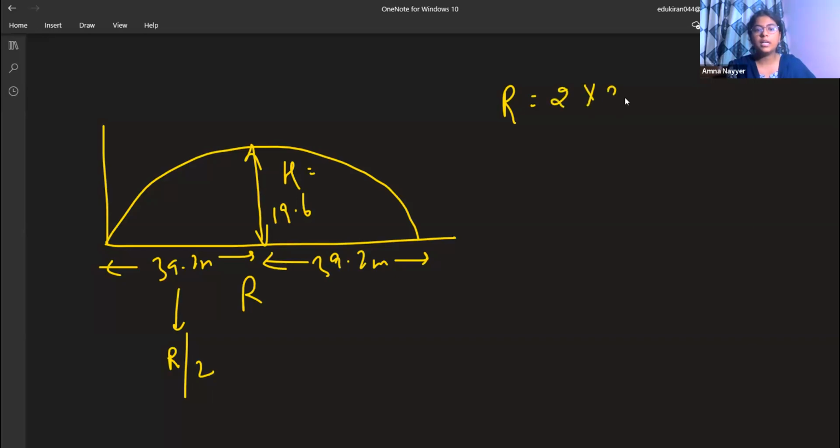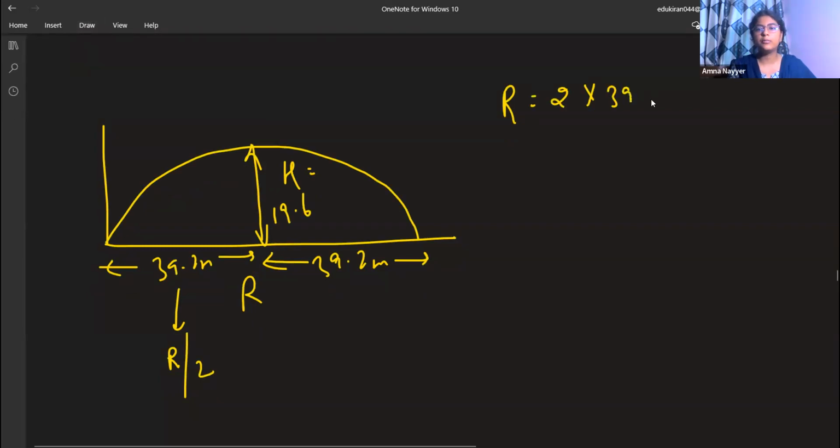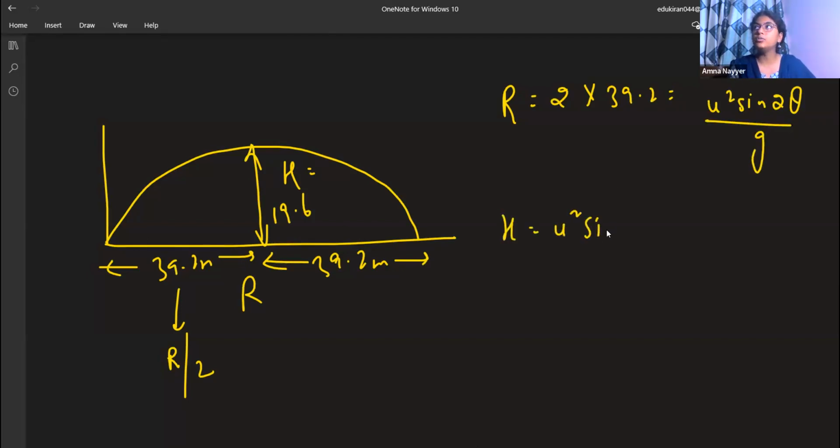See, 2 into 39.2 is actually equal to u square sine 2 theta divided by g. Coming to height, height is u square sine square theta divided by 2g. This is all we have regarding the range and the height.